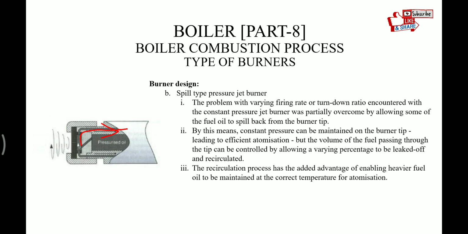By this means, constant pressure can be maintained on the burner tip, leading to efficient atomization, but the volume of the fuel passing through the tip can be controlled by allowing a varying percentage to be leaked off and recirculated. The recirculation process has the added advantage of enabling heavier fuel oils to be maintained at correct temperature for atomization. So, a recirculating line is provided so that the flow can be controlled.